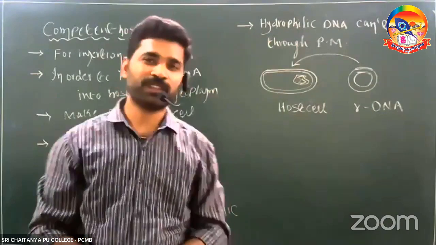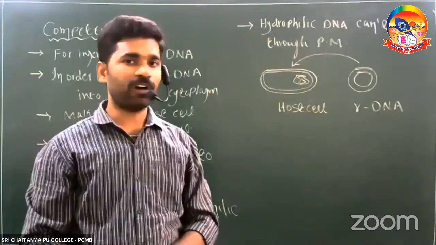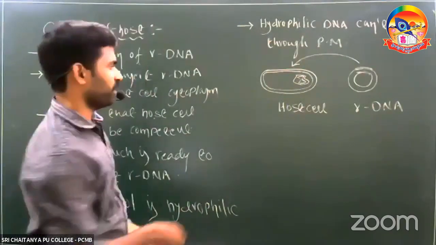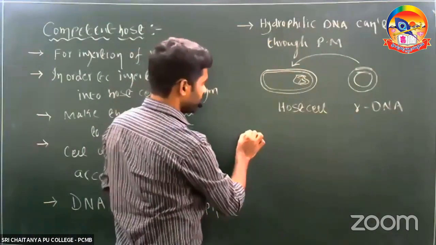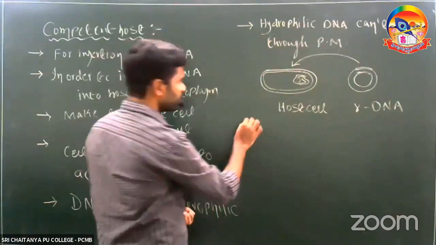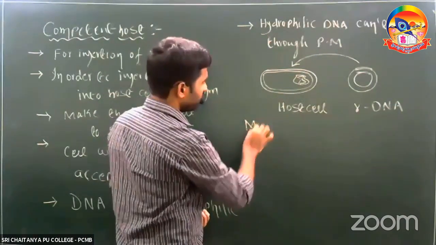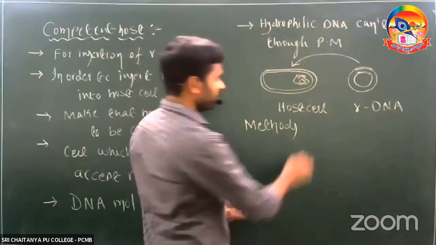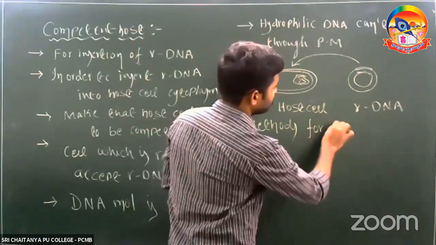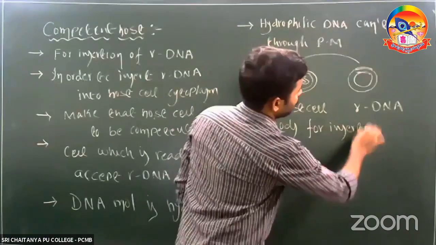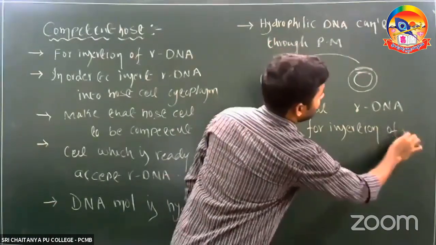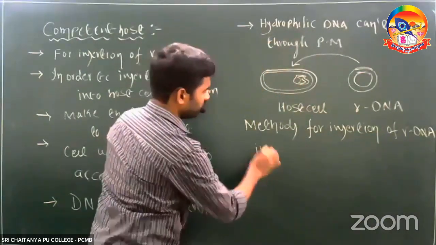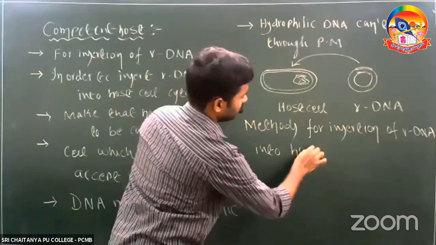There are several methods for insertion of rDNA molecule into the host cell cytoplasm. What are they? We'll see one by one. Better to write a small heading: methods for insertion of rDNA into host cell.